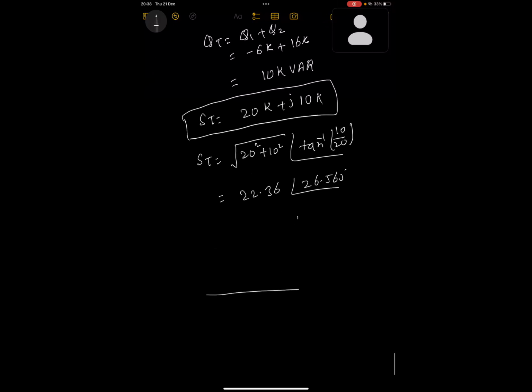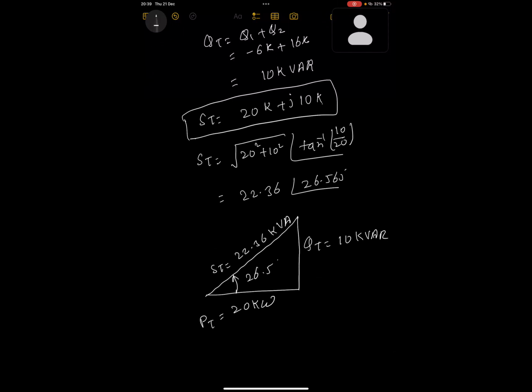So you can represent it like this: 20 kilowatt, that is P total, Q total equal to 10 kVAR, and S total equal to 22.36 kVA, and this is your angle 26.56.